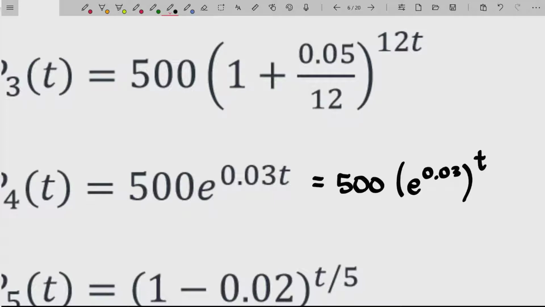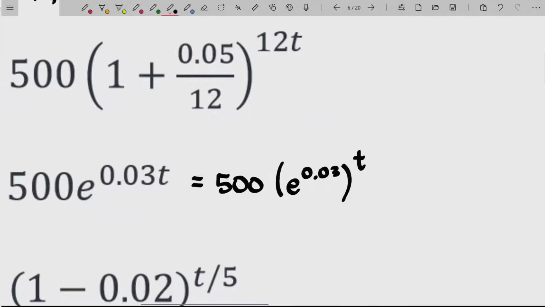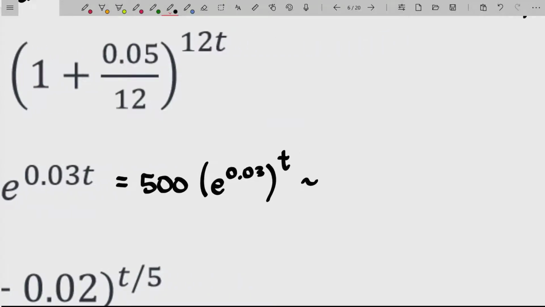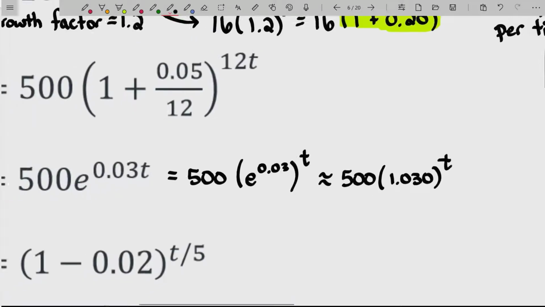All I need is a calculator with the e button on it, and I have one right in my hand, so I'm just going to do that. E raised to the 0.03. This ends up being approximately 500 times 1.030 to the t power. It goes on forever, but I just only round to 3 decimal places here.